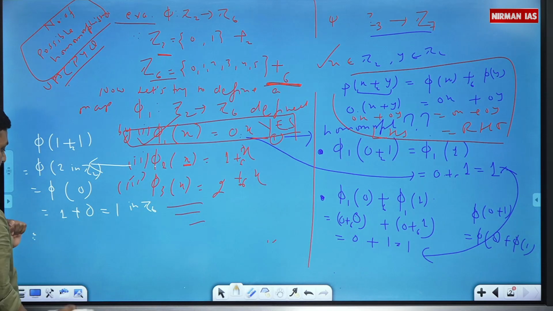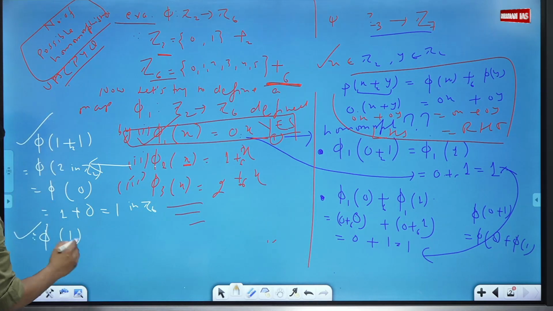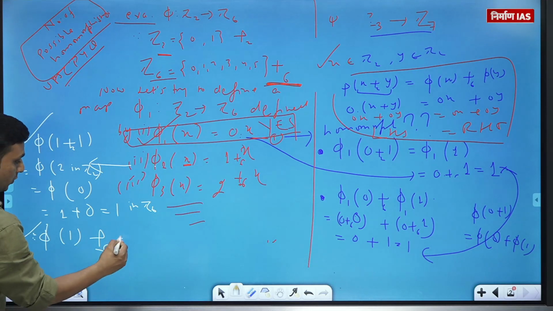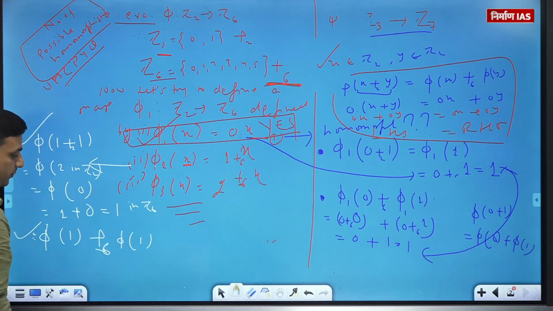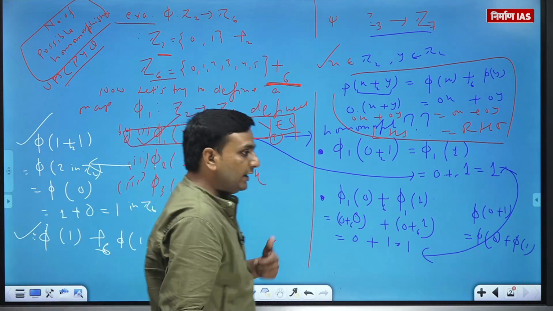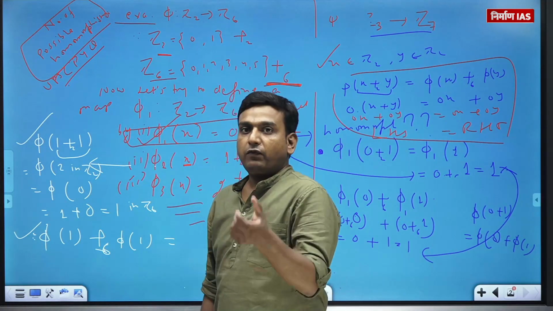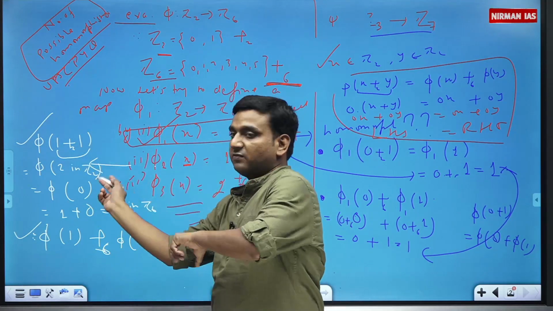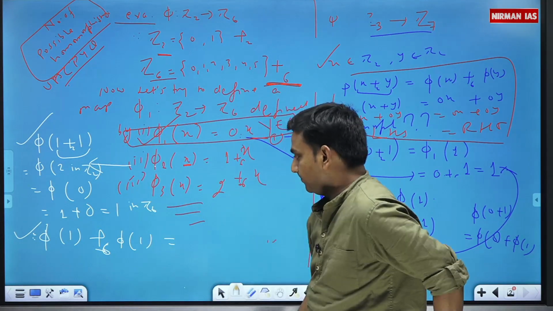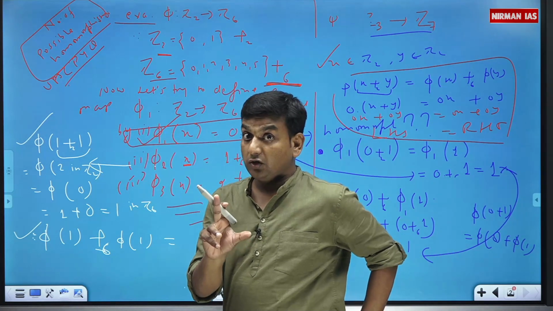Is that clear? Now I wish to find phi 1 addition modulo 6 phi 1, because for operation preservation we need to show that phi of this element gives phi of the first element plus phi of the other element, plus not ordinary plus.